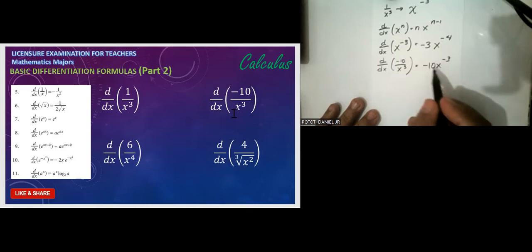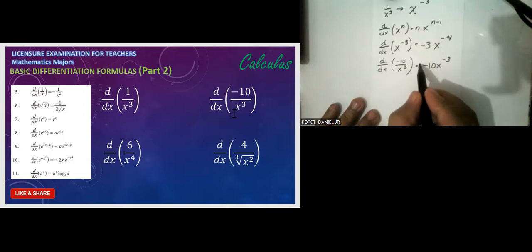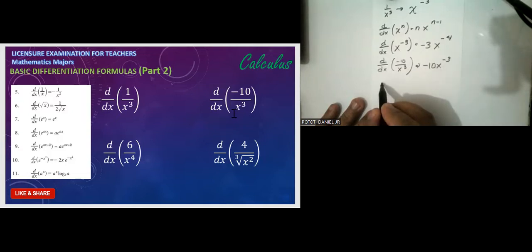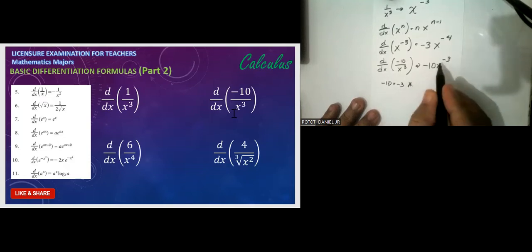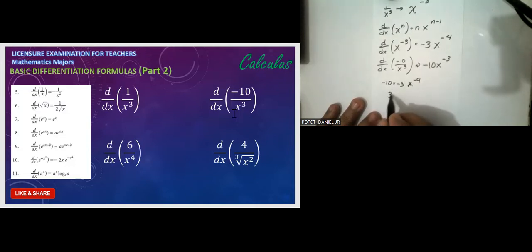Using the formula that we have learned before, the derivative of this will be equal to -10 times -3, x raised to -3 minus 1 is -4. Or you have there 30 x raised to -4.